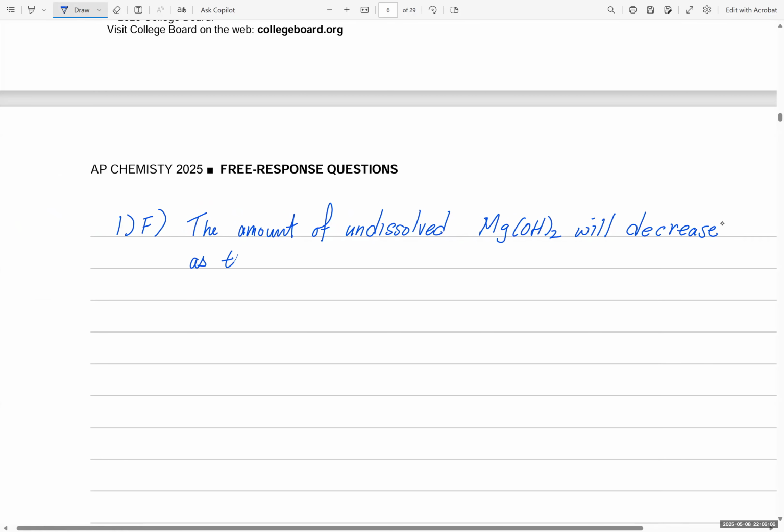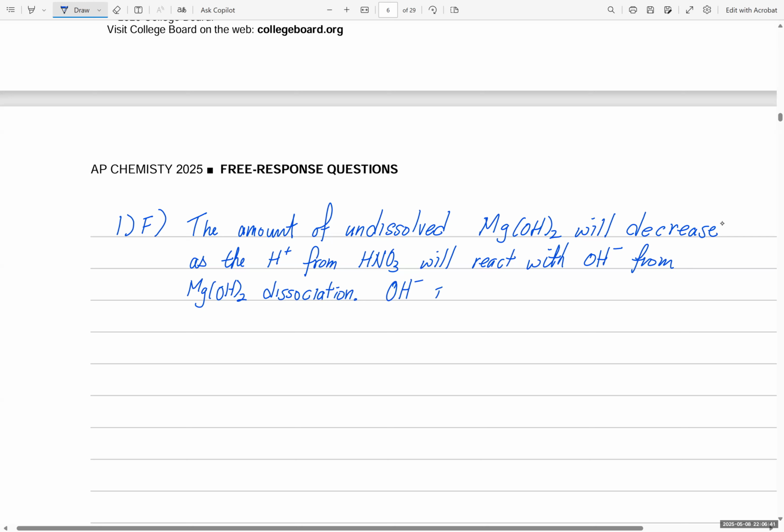As the proton from HNO3 will react with the hydroxide ion from magnesium hydroxide dissociation, right? Now, we say that hydroxide ion is a product of dissociation.